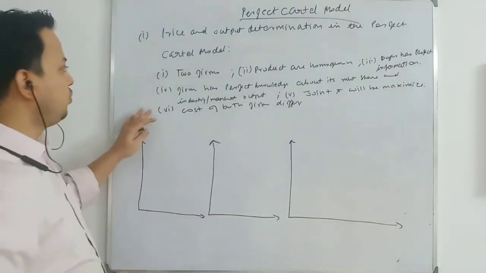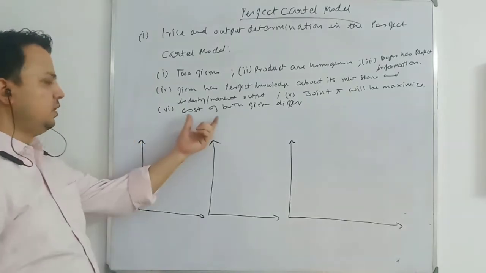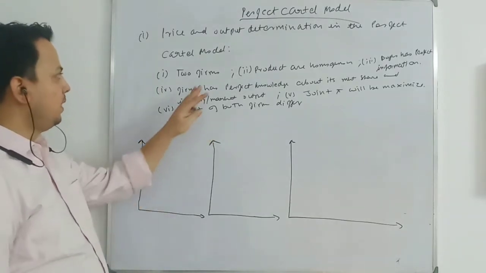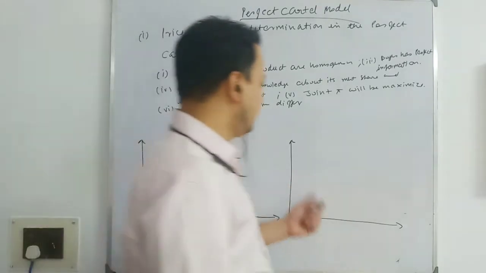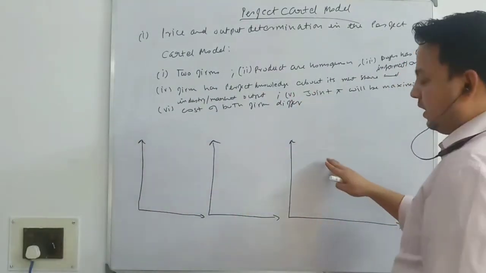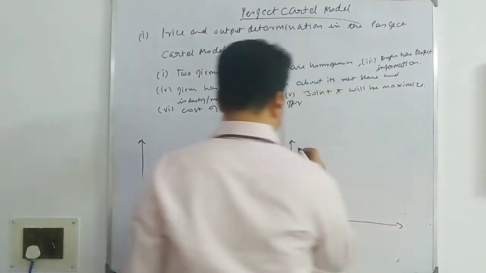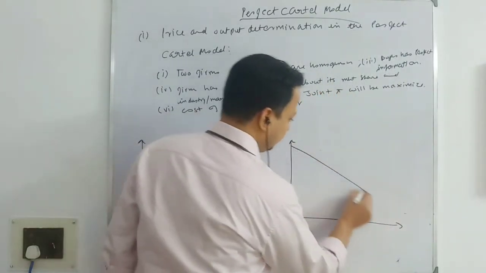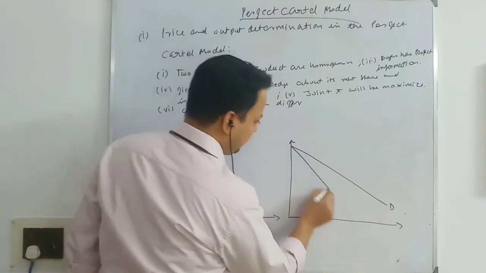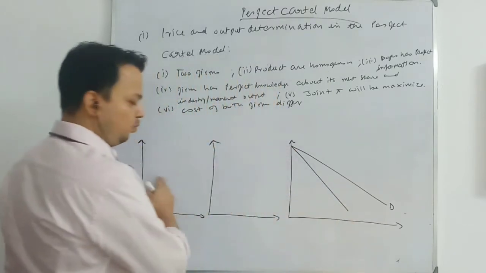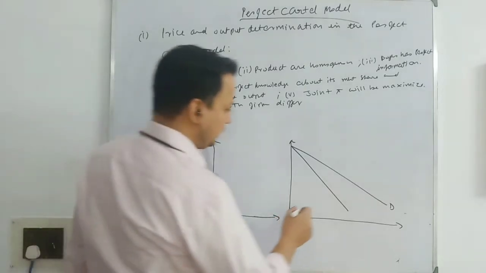So here we are doing joint profit maximization. The costs of both firms differ, and they are producing a homogeneous product. The cartel management board estimates the market demand, and this is your market demand. Your marginal revenue based on that will be this one, and it is a summation of both firms' marginal revenue curves.